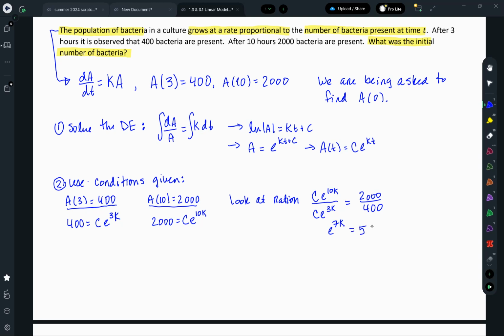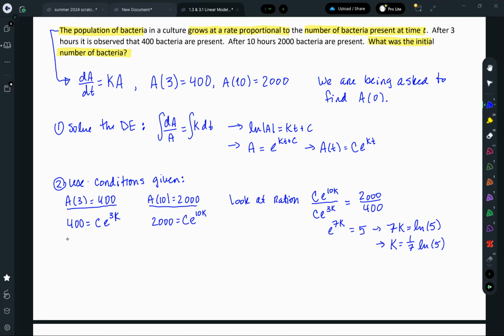Okay, and so then we can go ahead and take the natural log of both sides and get 7k is equal to the natural log of 5. So that means k is equal to 1/7 times the natural log of 5. Well, if I know k, then I can plug it into both of the original equations that I had.